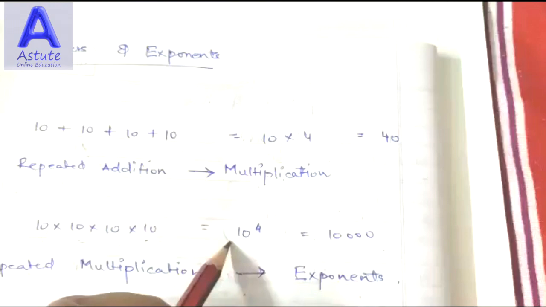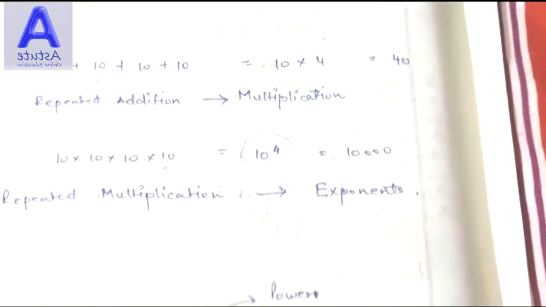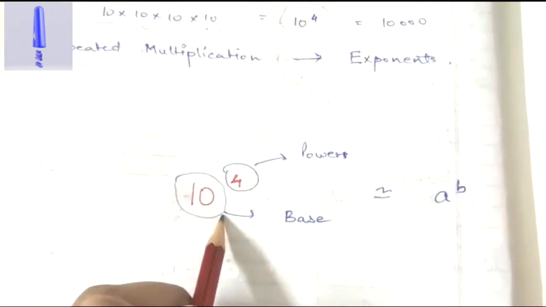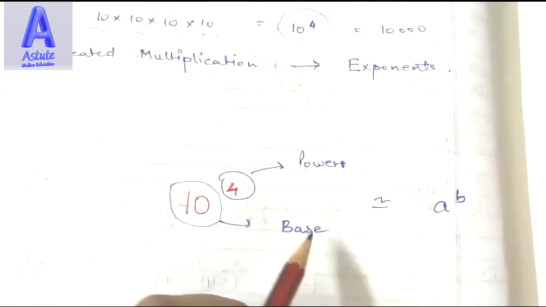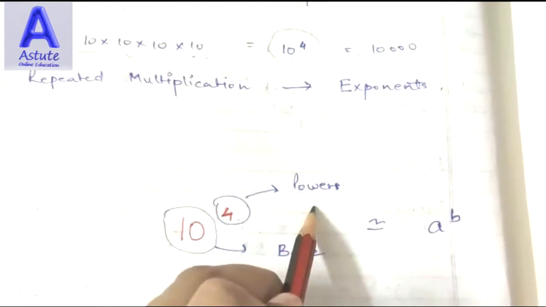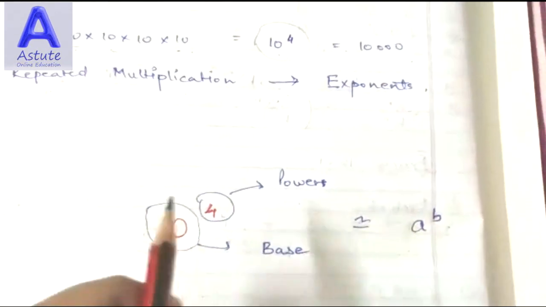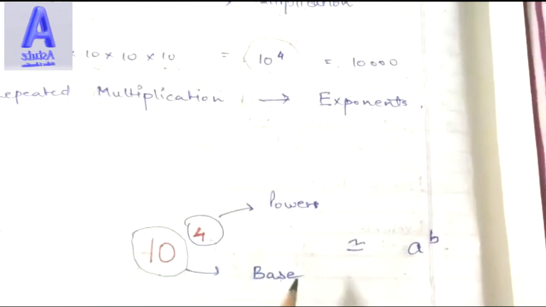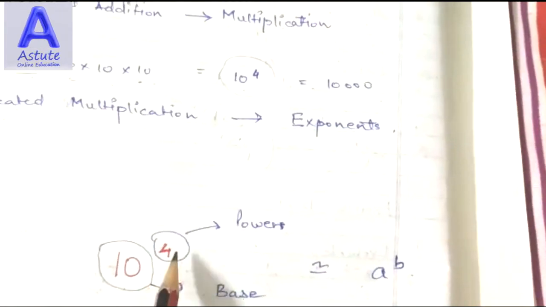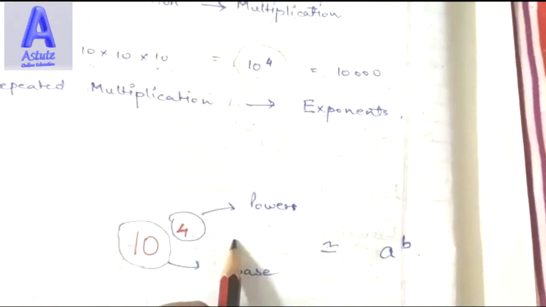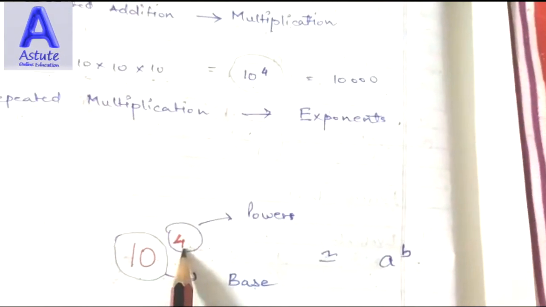Here, in this notation 10 raised to the power 4, 10 is our base value, while 4 is our power, which is of the form a raised to the power b, which means your base a is being multiplied by itself 4 times, or the number of times the power indicates.